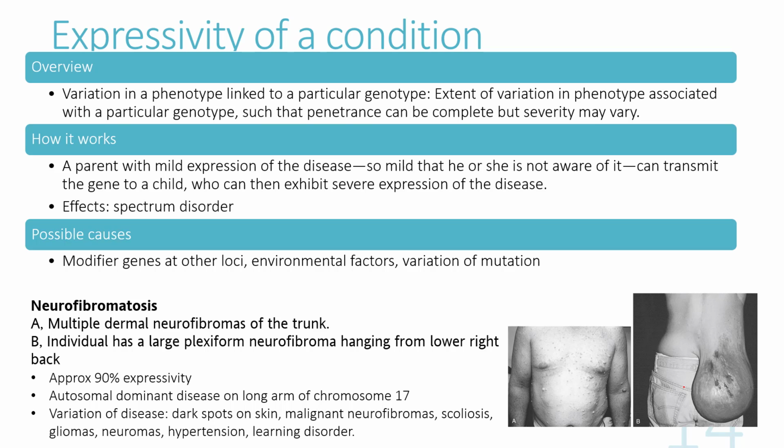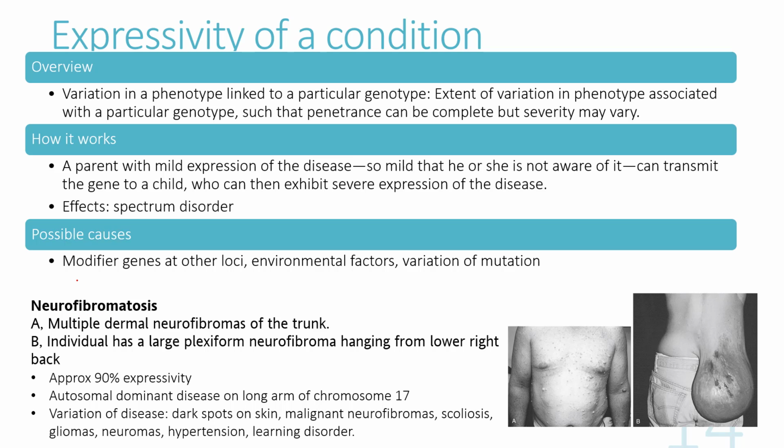Expressivity is how that condition is expressed. If you have a gene for a certain disease, it does not necessarily mean that everyone with that gene has the exact same signs, symptoms and condition. An example is neurofibromatosis.